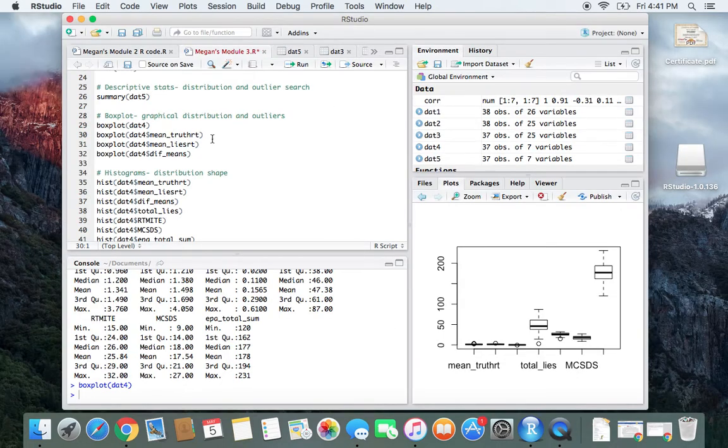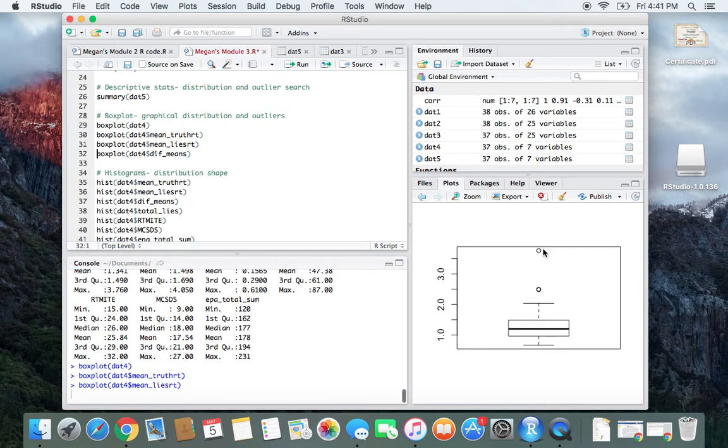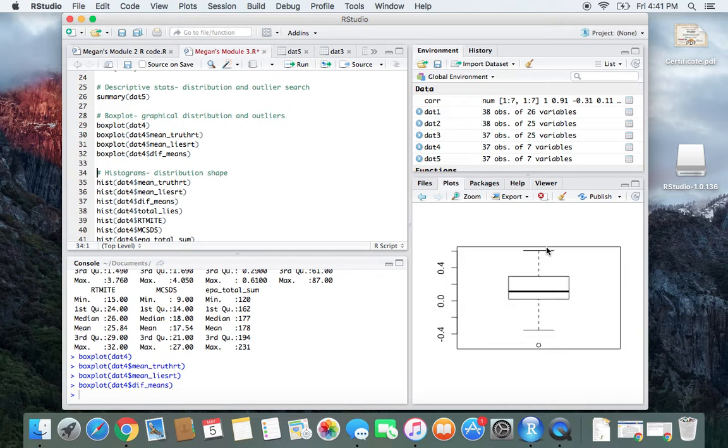I'm going to go ahead and pull up those reaction times and mean differences separately so we can look at those. So we can see we do have 2 outliers for the mean truth reaction time, and they are all at the upper end. So this means that the participant took a significantly longer amount of time. And we can pull up mean reaction time for the lies. Again, we have kind of a similar situation. And then we can look at the box plot for the difference between the mean truth and mean lie reaction times.